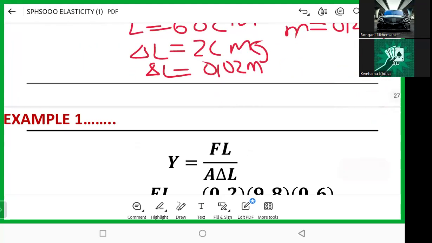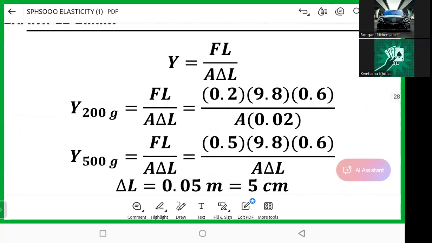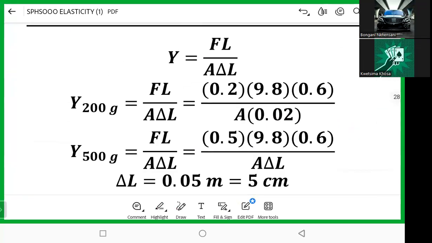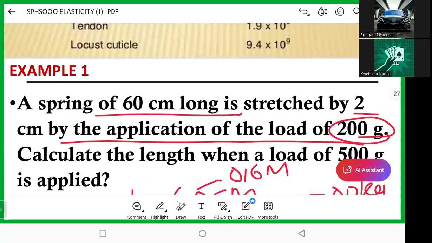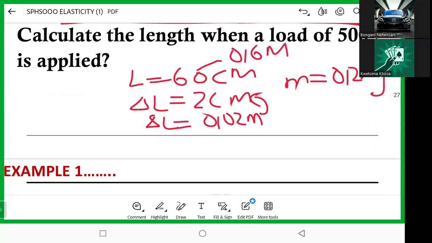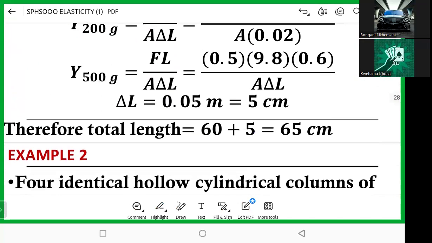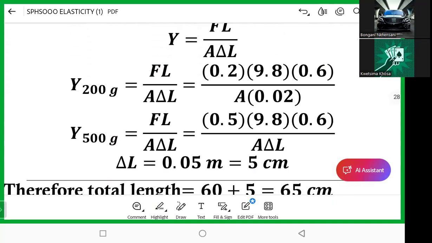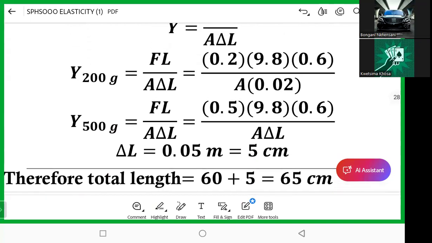Now let's go down to these calculations, because all the values were given, and they're talking about a spring. What you have to do is just substitute everything that you are given.